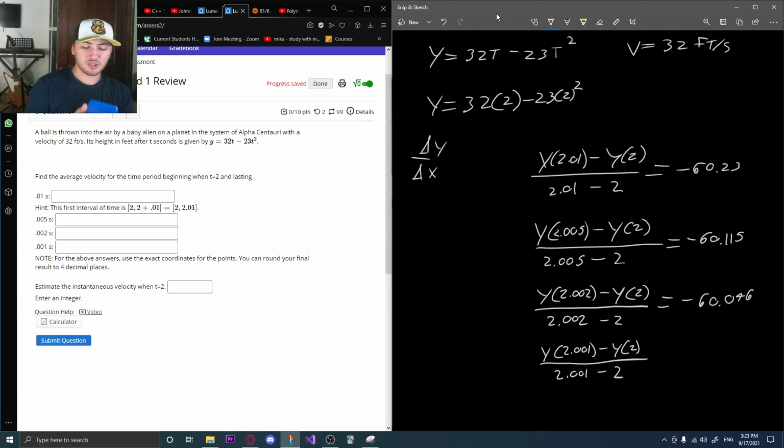So it definitely looks like it's getting closer and closer to negative 60. Which is weird. Why negative? It's falling. I don't know. Yeah, it's just getting closer and closer to this number.